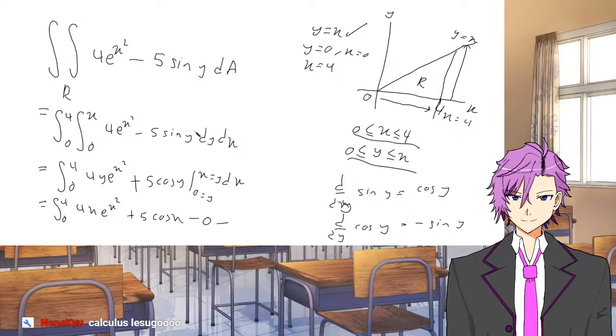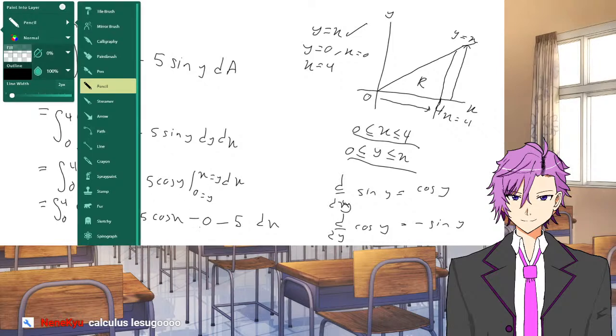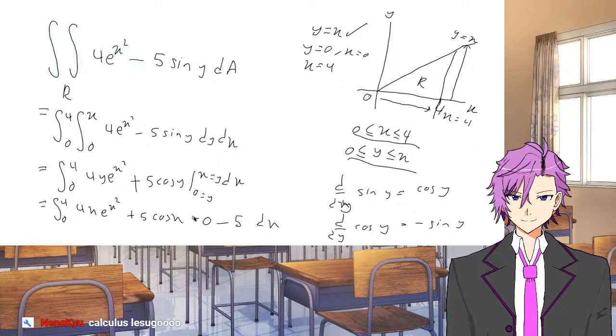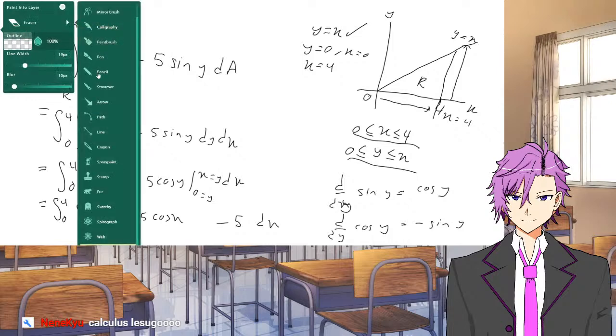Cosine 0 is 1, so 1 times 5 will be 5, and dx. So we'll get minus 5 dx.